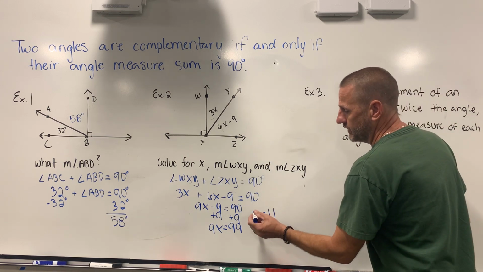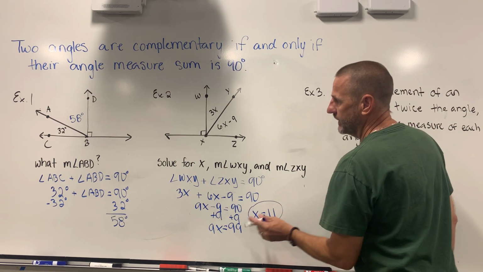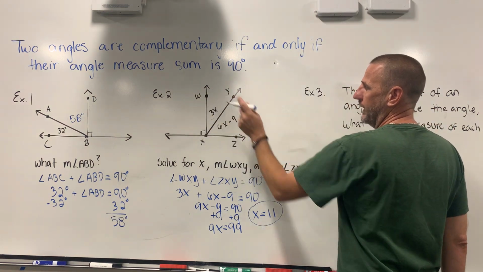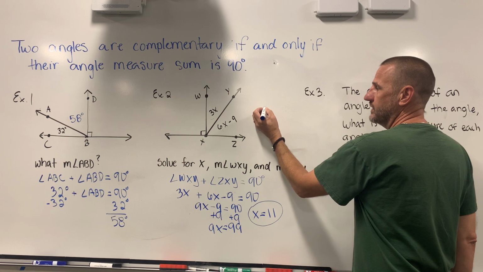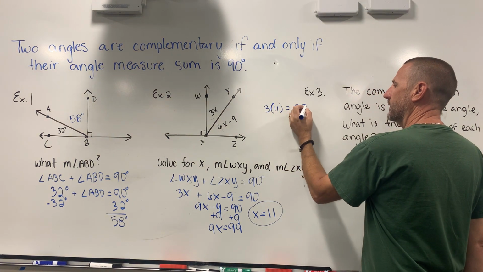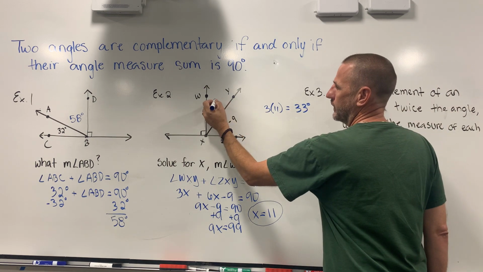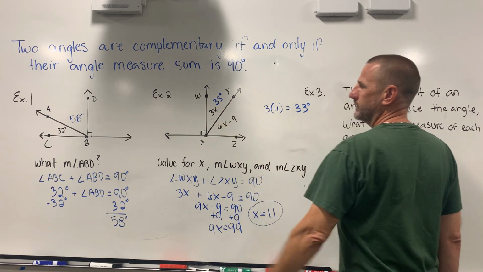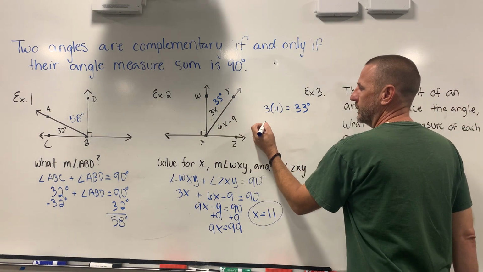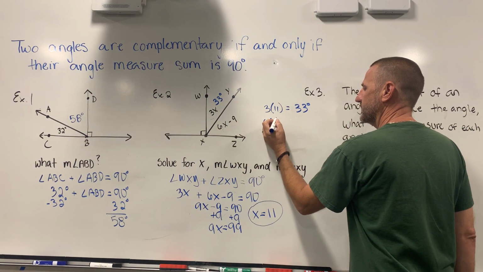So knowing that x is now equal to 11, let's substitute those in for each value. So up here, WXY was 3x. So if I substitute that in, that tells me that this one is 33 degrees. If I plug in that 11 over here, so now I've got 6 times 11 is 66.